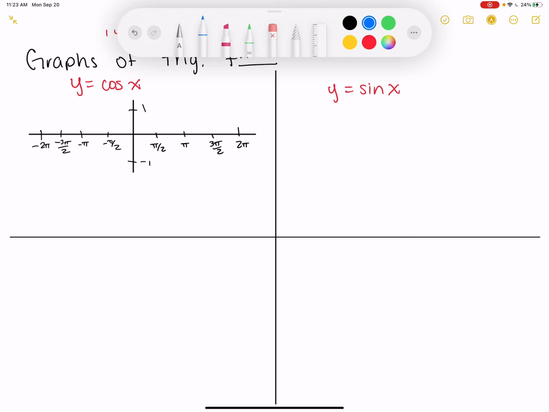So remember for cosine, we start up at 1, and then we work our way down and back up. And then we also do it in the reverse direction.